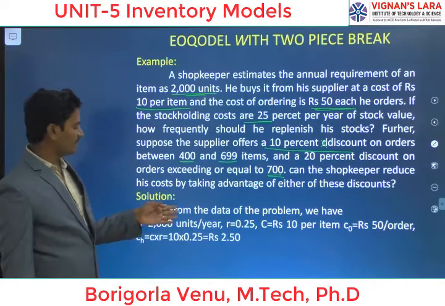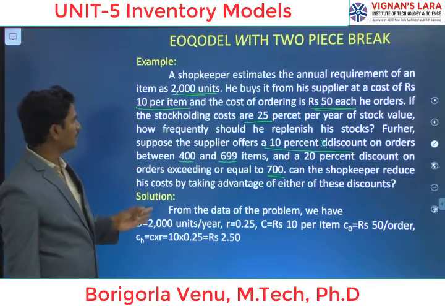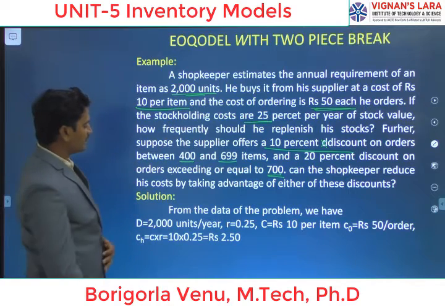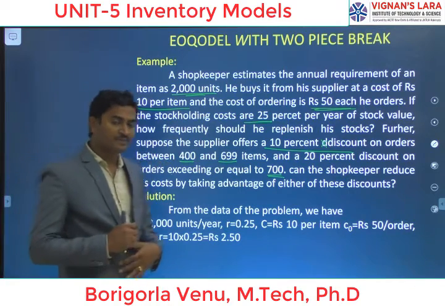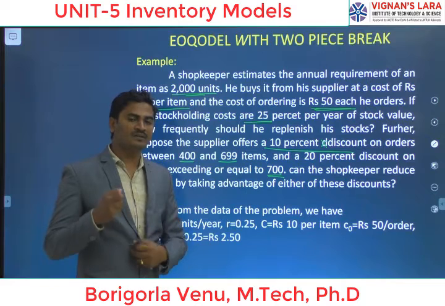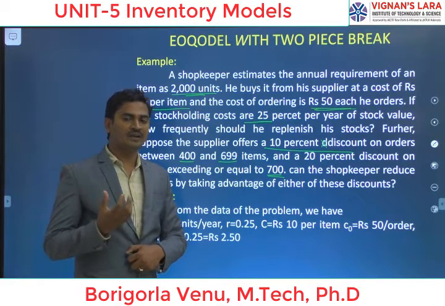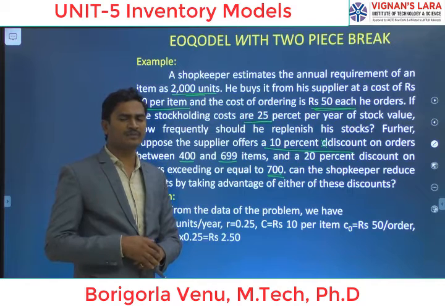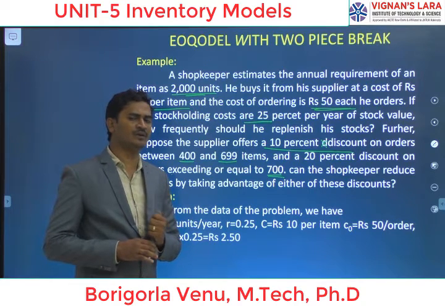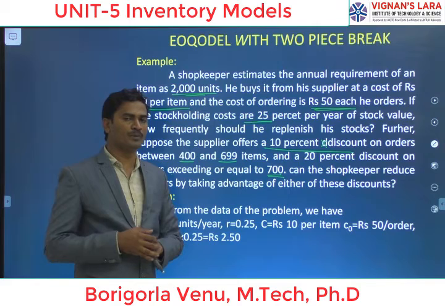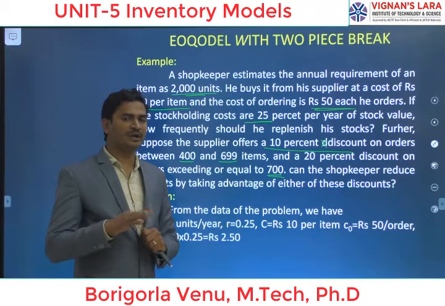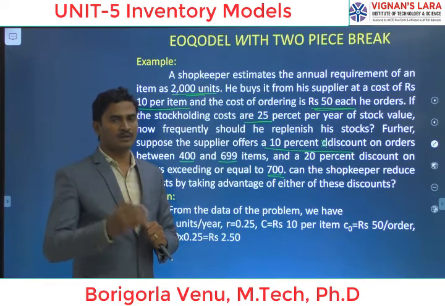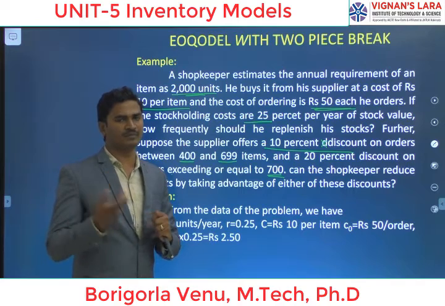Okay, here from the data of the problem we have the annual requirement. Here what is the concept? The shopkeeper is going to buy the products for his shop. If the shopkeeper is always thinking about buying the products at a low price, then thereafter he is going to sell the products at a good, profitable price.